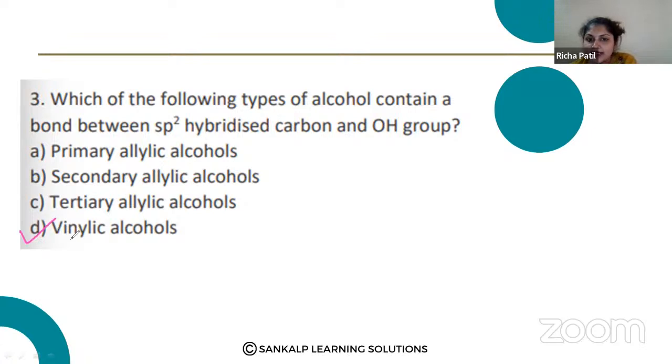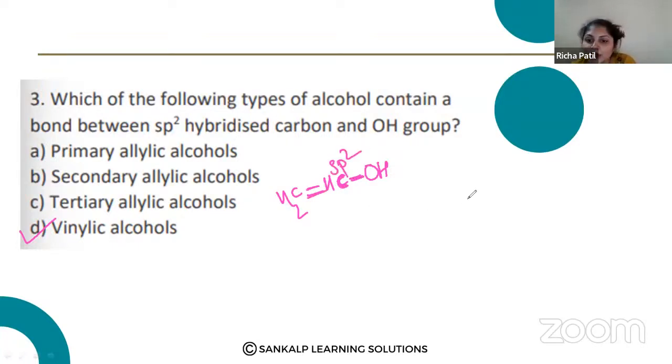Your OH group is attached directly to the carbon having a double bond. So this is your vinylic carbon. The OH group is attached to the carbon which is sp2 hybridized. So this is called vinylic.